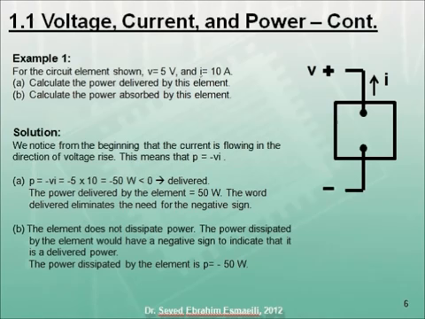Note that the word delivered eliminates the need for the negative sign. Our answer for part B would be that the power dissipated by the element is equal to minus 50 watts. The negative sign indicates that the power is being delivered, not dissipated.